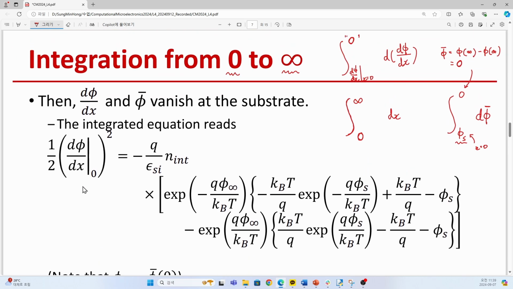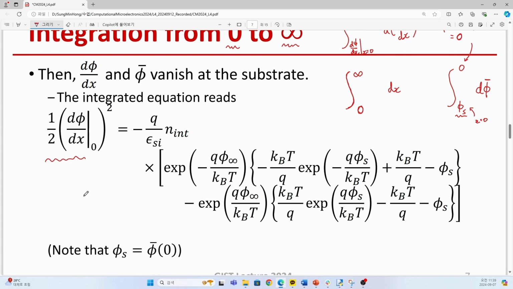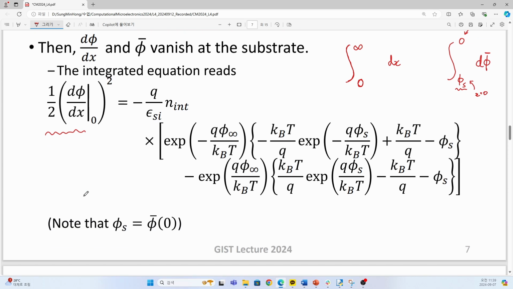By performing this job, you can immediately find that this relation can be obtained. The intermediate steps are skipped a little bit, so please try to evaluate it. And now we have this kind of expression. It looks quite complicated, and actually here we have 6 different terms. The first is an exponential term, a linear term, and this is a constant term, and this is a linear term in terms of surface potential.